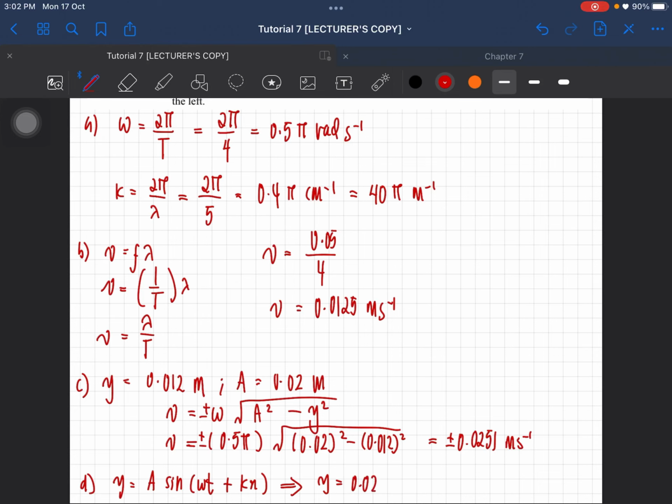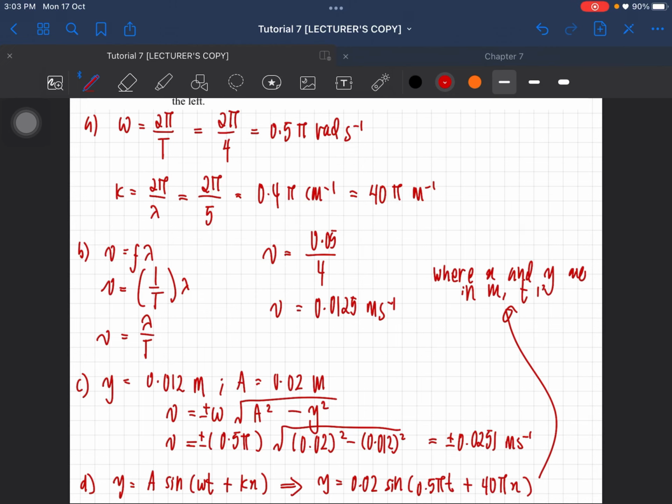A is 0.02 sine of 0.5 pi t plus, sorry, it's plus not minus, K is 40 pi x. Don't forget to declare the units, where x and y are in meter, t is in second.